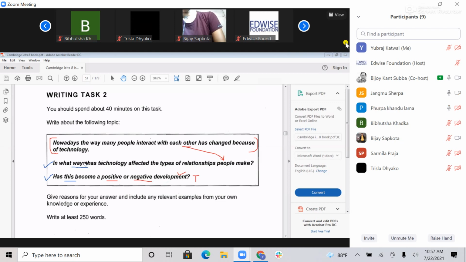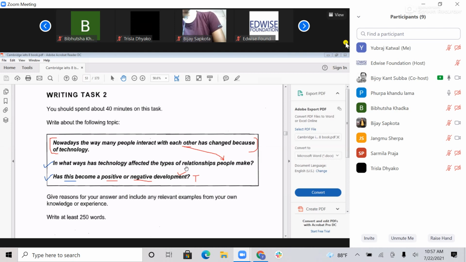So later we need to do that essay. Okay, hang on there. Before I answer that question, next is what to write in a body paragraph. In body paragraph 1, write how technology affects the relationships people make. There are two questions here, right? So relationships could be both positive and negative.